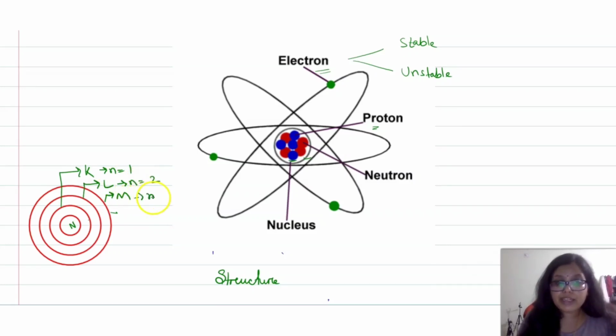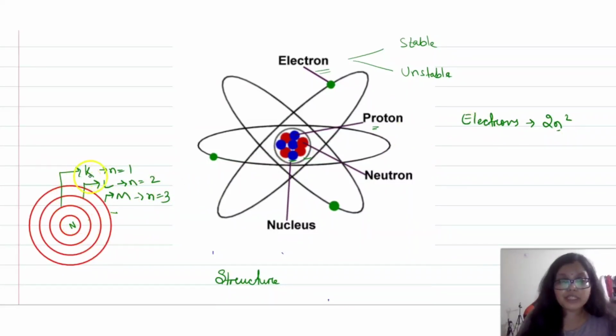In the M shell, n equals 3, and so on. So what does this n represent? We have a formula with which we can find the number of electrons in a particular shell. The formula is 2n squared, and this n is the n that I have told you here.